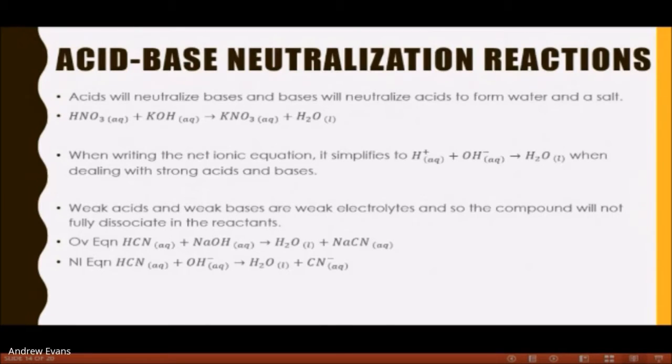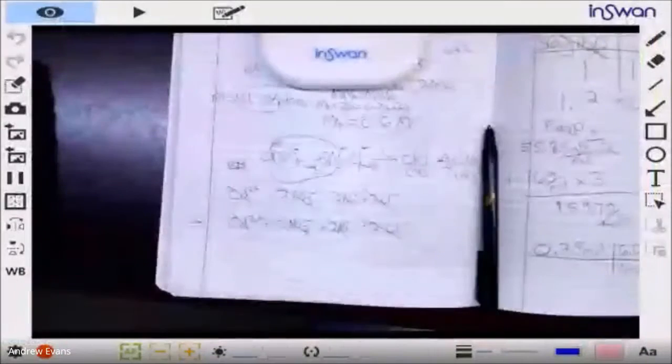So looking at the overall equation versus the net ion equation. Let's look at the whole thing just to show that middle step that I've cut out.